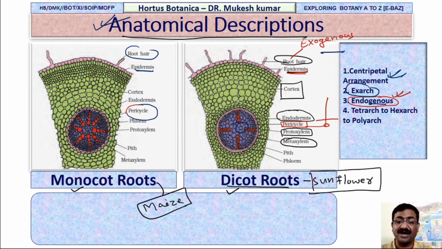You find in dicot it is usually tetrarch, but it may vary from tetrarch to hexarch. Usually I told you it is tetrarch, but in monocot there are more than 6, so it is also called polyarch. So this polyarch is for monocot, and for dicot usually it is tetrarch to hexarch.